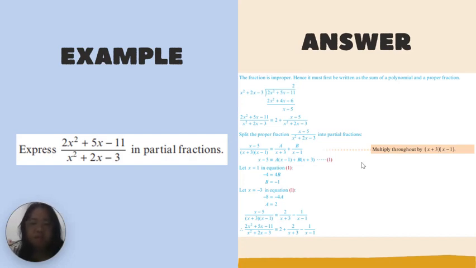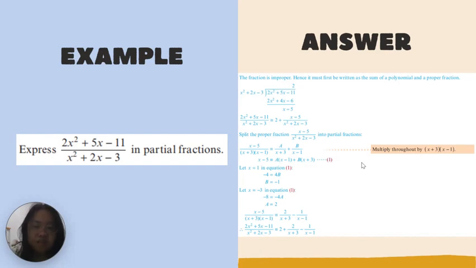After we get this, we can solve x minus 5 divided by x squared plus 2x minus 3 just like a normal partial fraction.